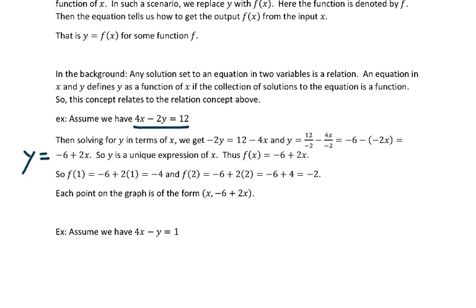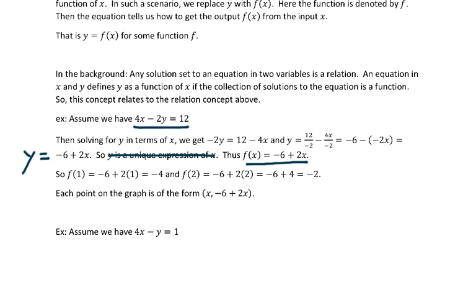Well, remember, the graph of that is a non-vertical line. I mean, really, from here, you should be able to see it's a non-vertical line. And so because of that, the graph passes the vertical line test, and so it's a function. Namely, we have y is a function of x, and so we have this.